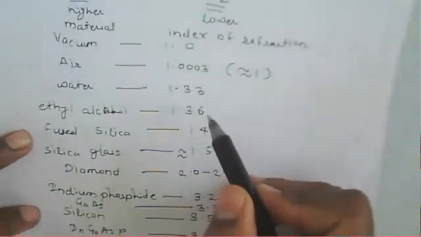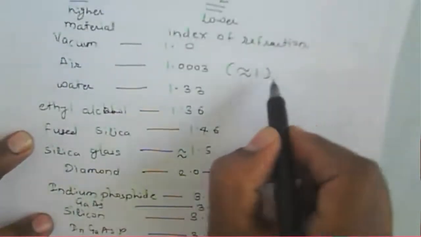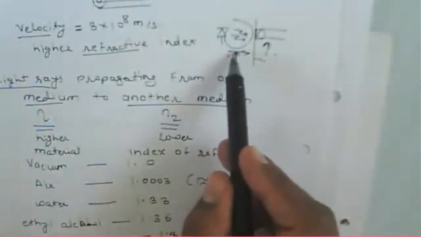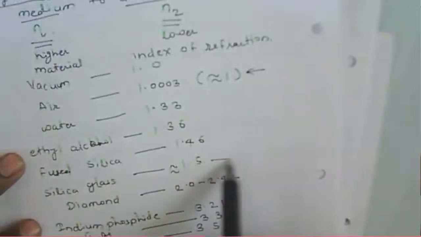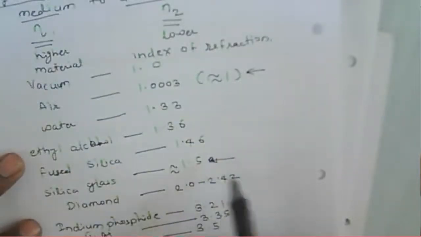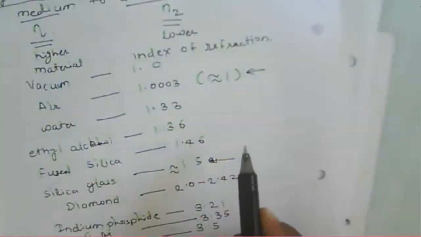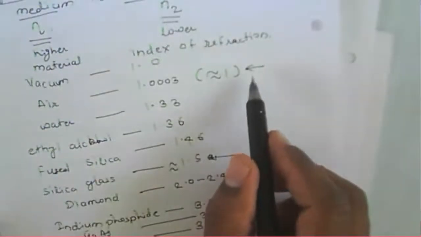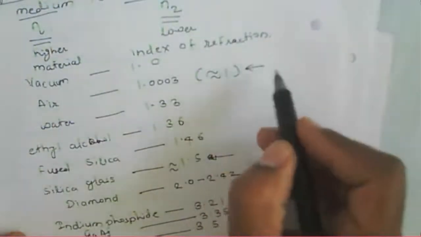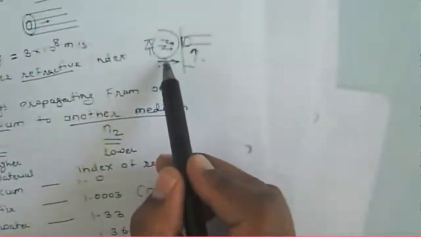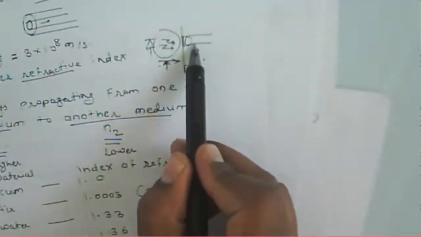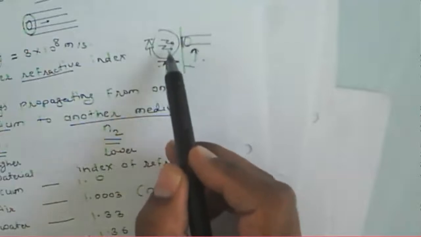So now these are the materials, and we see that there are various differences in the refractive index. Now here air is a medium, and then a silica glass fiber. This is your fiber. Now we transmit the signal from this particular source to this fiber.